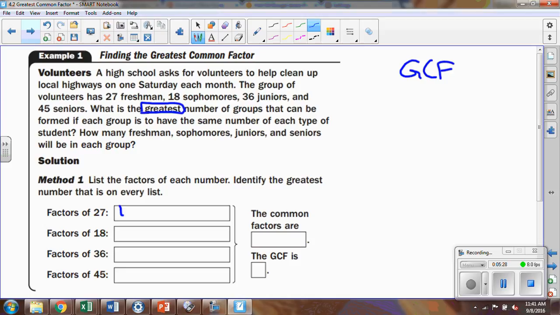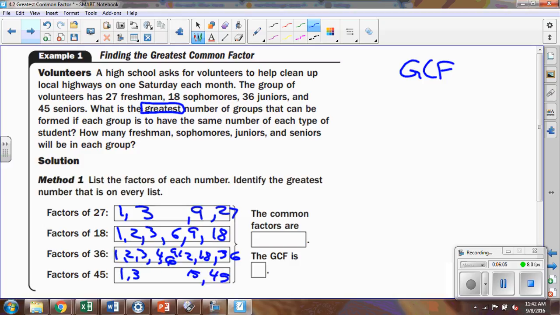We saw that we have 1 times 27, 3 times 9, and that's it. 1 times 18, 2 times 9, 3 times 6, 1 times 36, 2 times 18, 3 times 12, 4 times 9, and 6 times 6. 1 times 45, 3 times 15, 5 times 9. And I know I went through those quickly. It's a pre-existing skill. You've already demonstrated that you can do this.